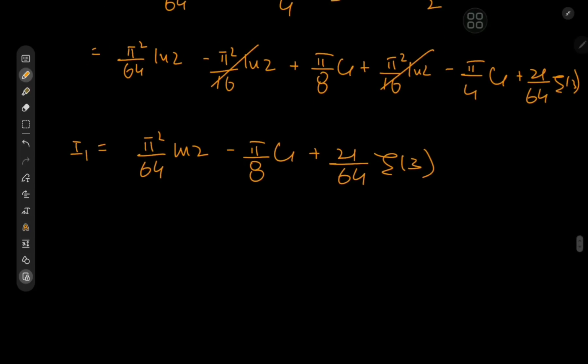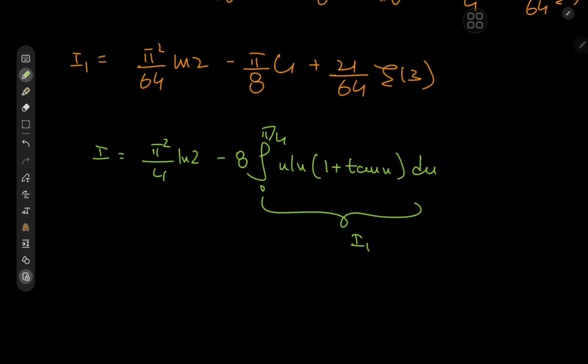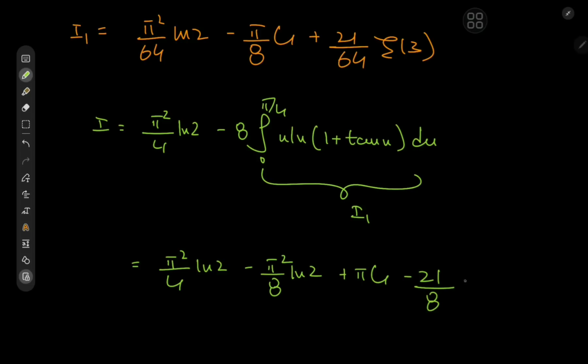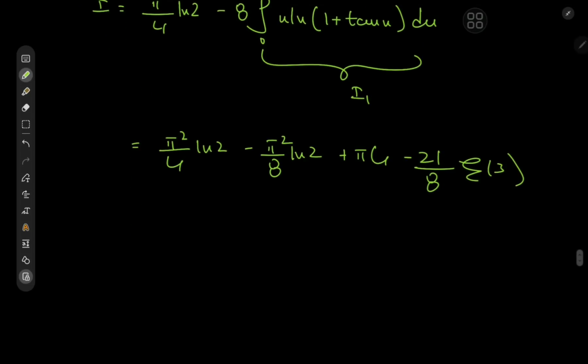But what about the target integral? Well, the target integral I had this pi squared by 4 times log 2 minus 8 times I sub 1. So that means we have pi squared by 4 times log 2 minus 8 times the integral. So we have negative pi squared by 8 times log 2 and plus pi times Catalan's constant minus 21 by 8 times Apéry's constant, and pi squared by 4 minus pi squared by 8 would be pi squared by 8.